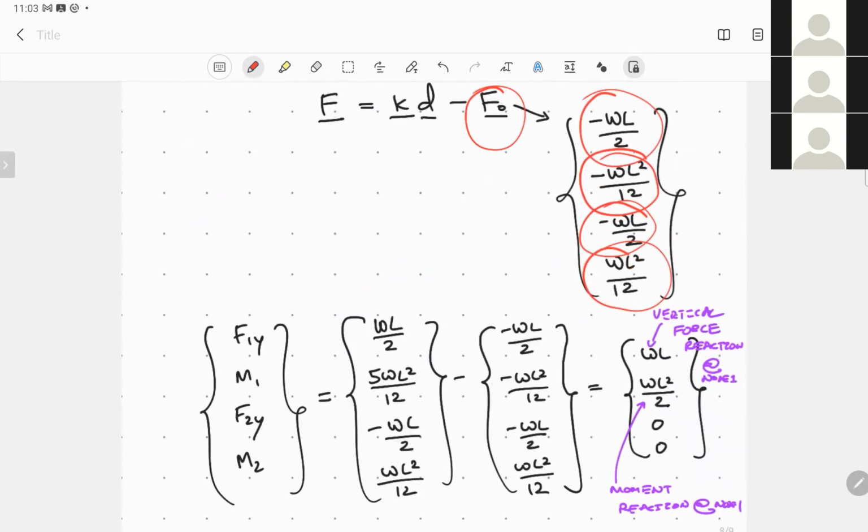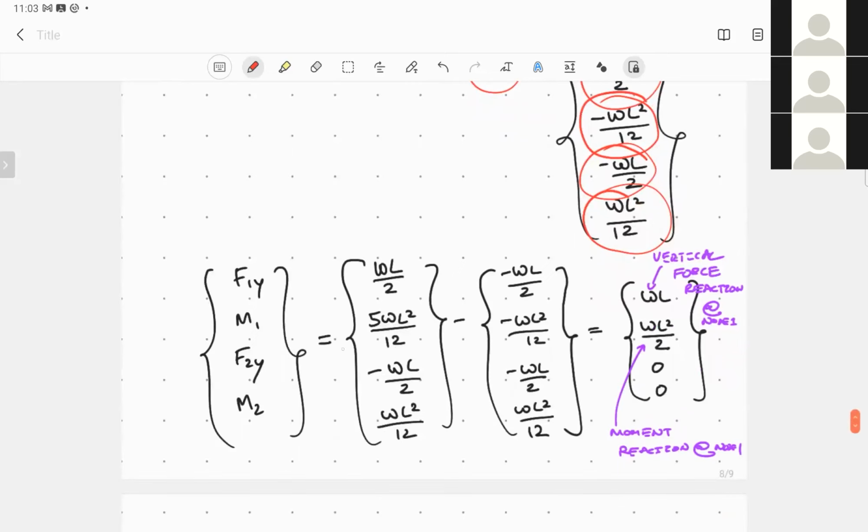These are the ones given by F naught here, corresponding to the total distributed force. Since you already know the total forces acting on the structure, you negate the effects caused by the distributed loads, the forces represented by the discretization.